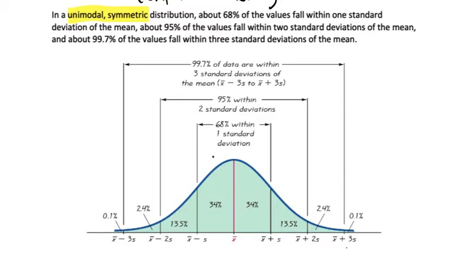Using these percentages, if we know 68% fall within one standard deviation, then 34% will fall between the mean and plus one standard deviation, and 34% will fall between the mean and minus one standard deviation. So that's just dividing that in half. And then using some subtraction and basic arithmetic, we can figure out the percentages of each of the other areas.